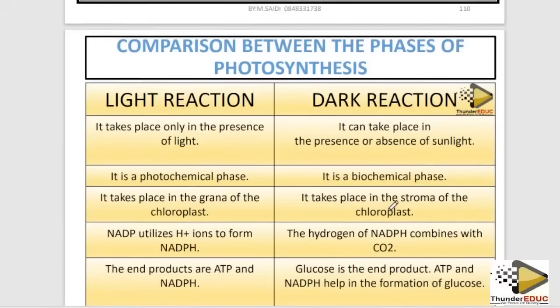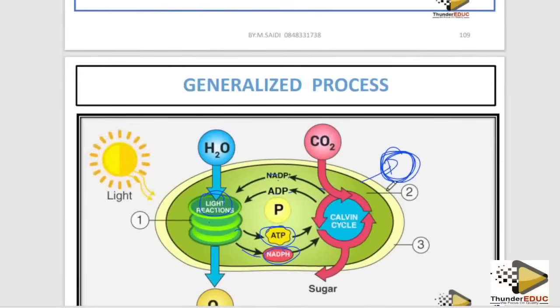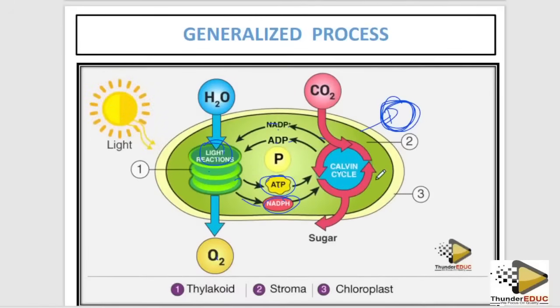It's the dark phase. The phase of photosynthesis which occurs in presence of light is called what? The light phase. So you have to know those. You have to know the science behind. We can also ask you a question: the process by which light breaks down water molecules in photosynthesis. How do you call that process? Photolysis. Yes.